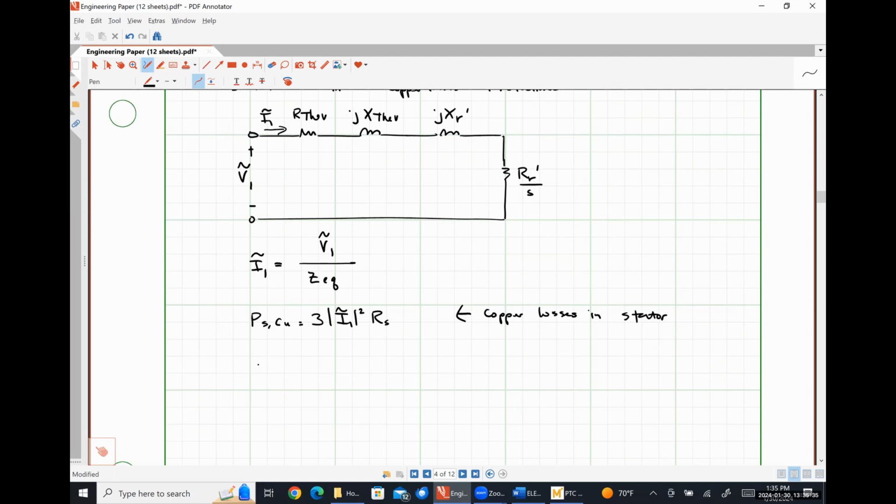My input power should be the magnitude of V1, or excuse me, VS. I've been calling it 1 here, but it should have been stator.